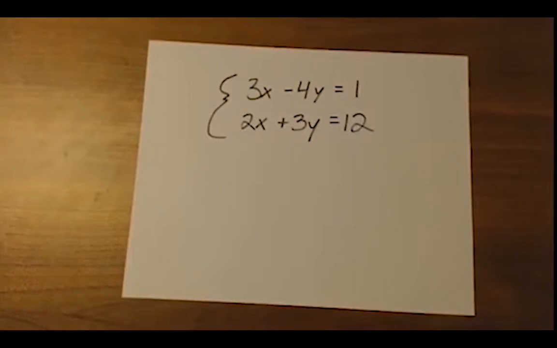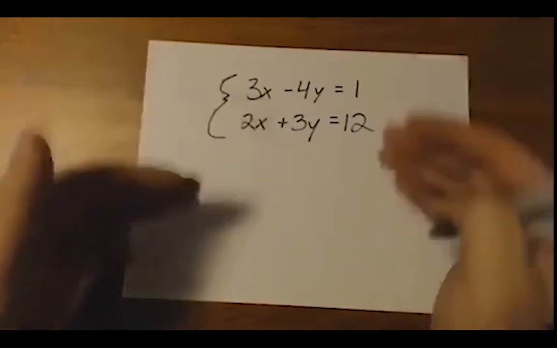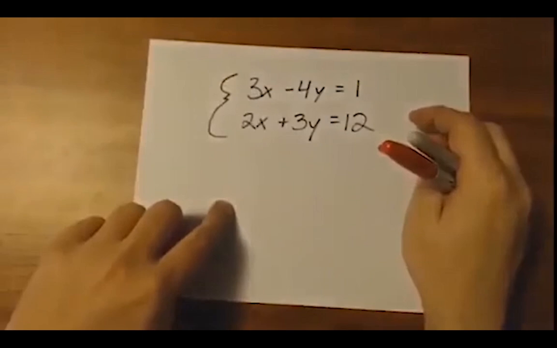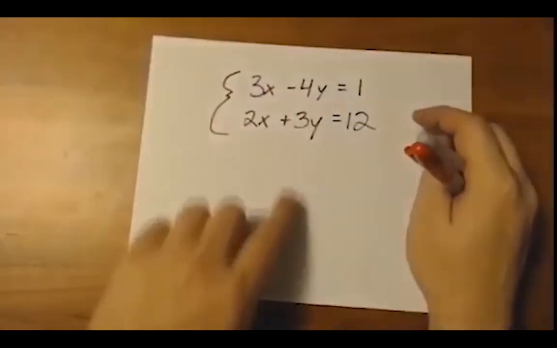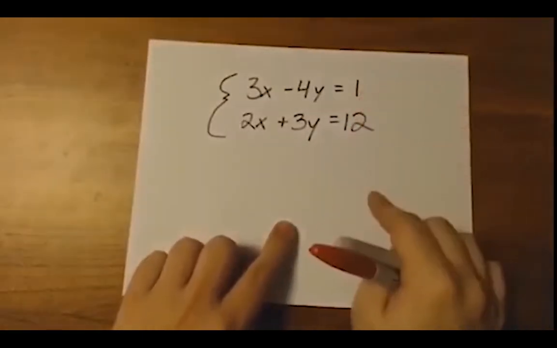And that's because literally to do this, you're going to multiply and add in order to, wait for it, eliminate one of the variables. So if we added this down right now, we would get 5x minus y equals 13.